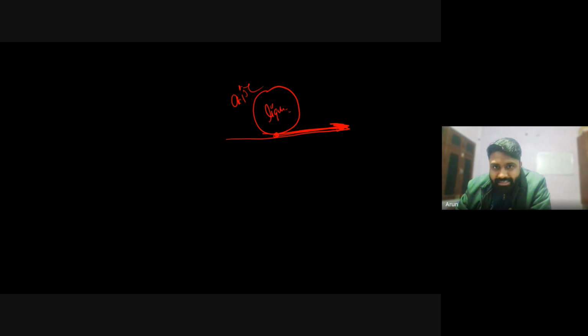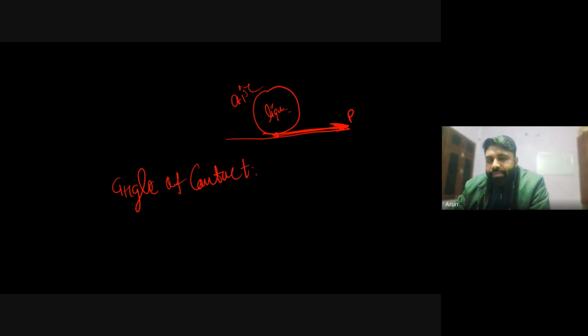So the angle of contact is given by, if you draw a tangent to the point of contact, remember my words and focus on what I'm telling. So the angle of contact is, let's say this is SL, and this is P, and if I draw a tangent at the contact point of this liquid and solid, let's say this is the contact and this is the tangent.